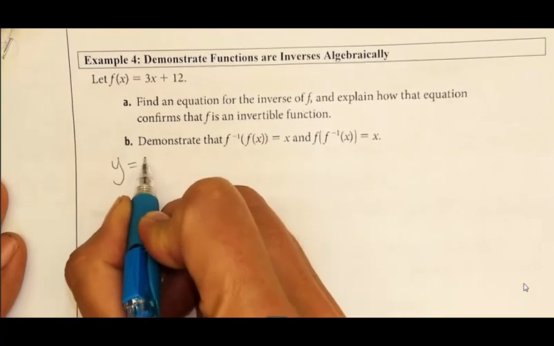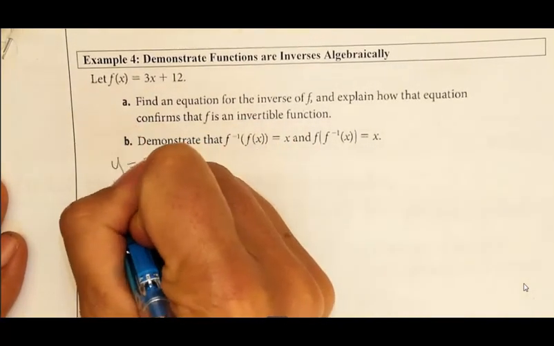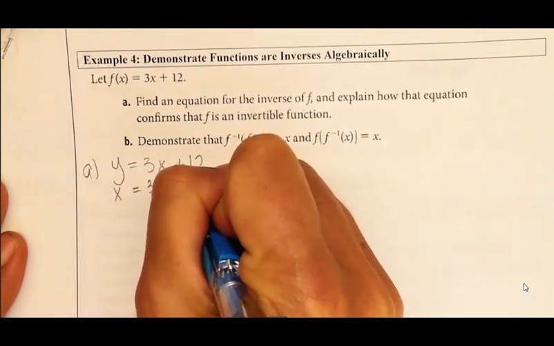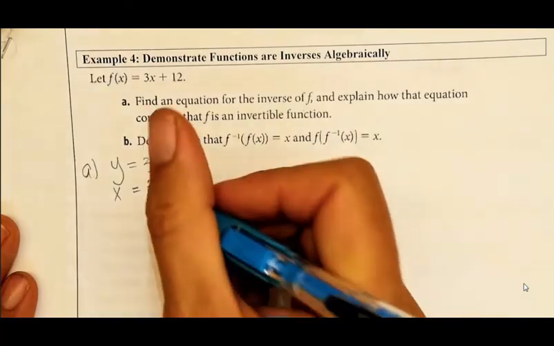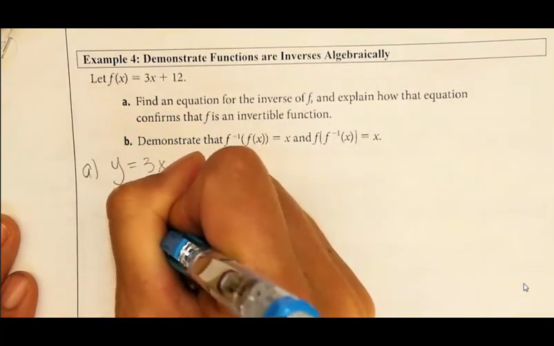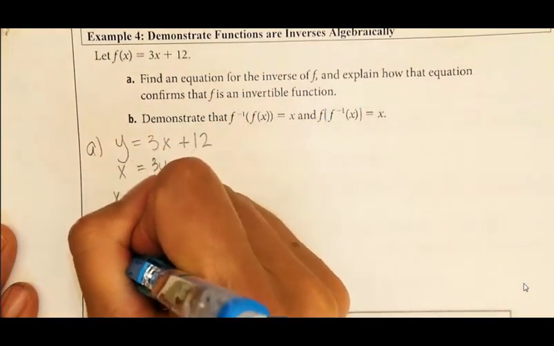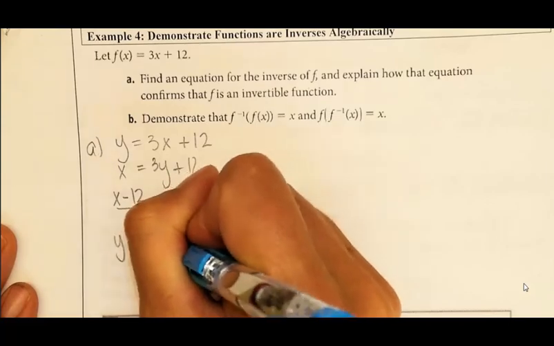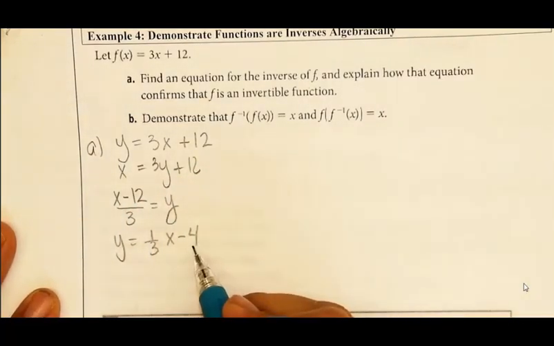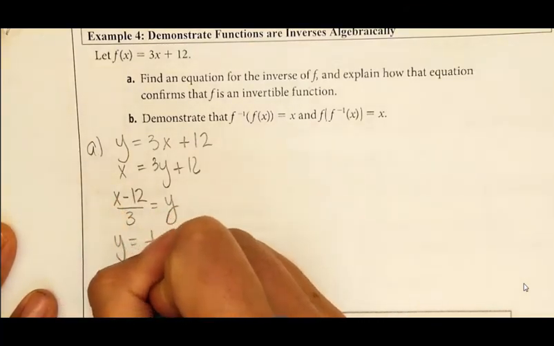So similar to our last problem, switch x and y. This is A. Solve for y. So what I get is y equals 1/3 x minus 4. This, in fact, is a linear function.